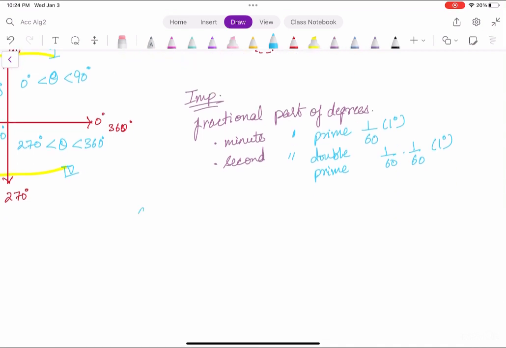You might have seen in some calculators the notation D for degree, M for first prime, and S for second prime.